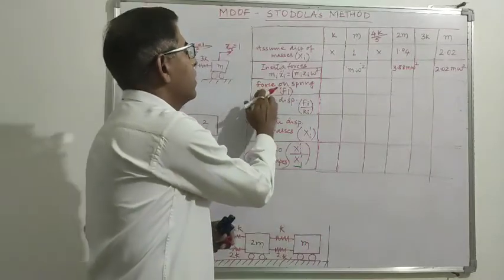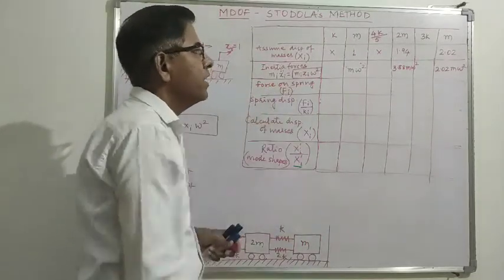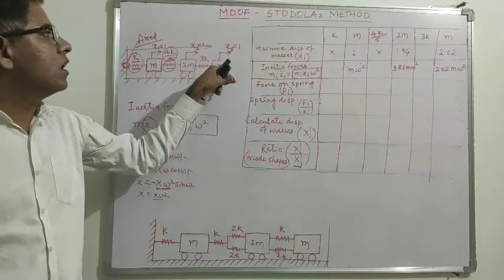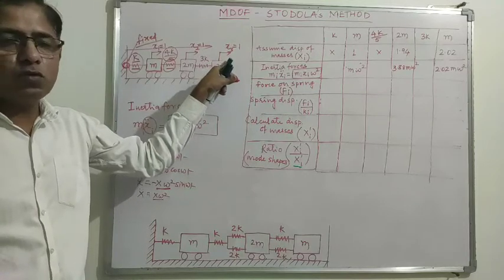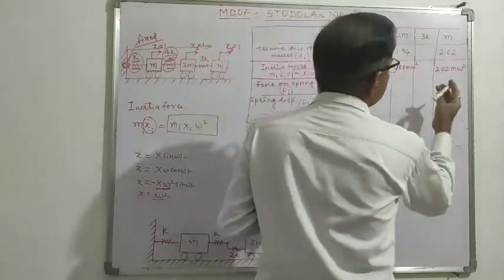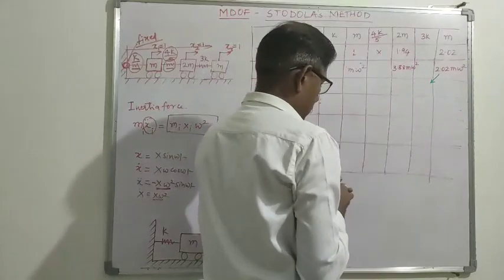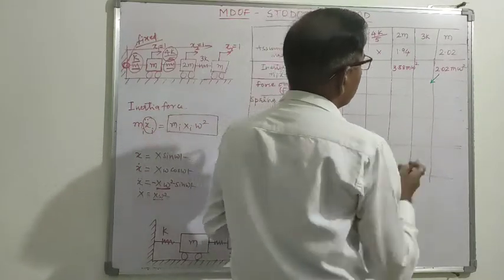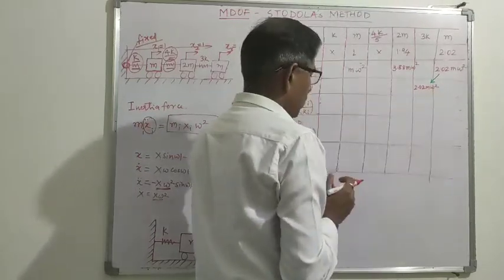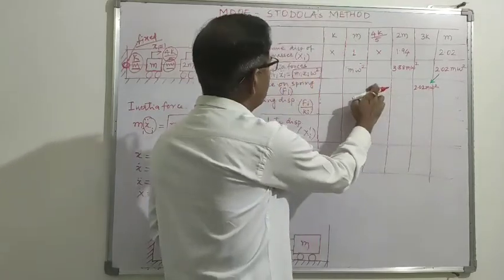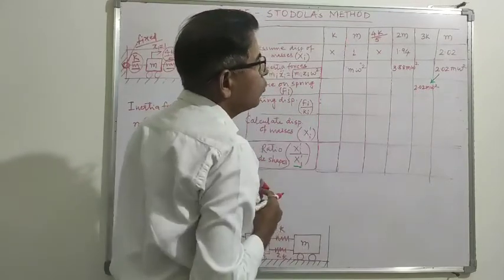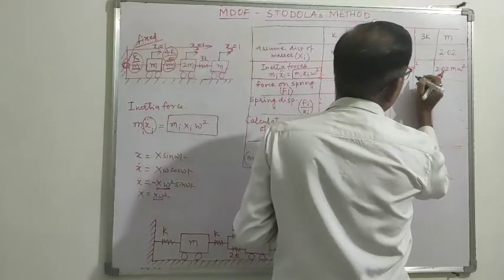Now while calculating the forces on the springs, the third spring will experience the same force as the inertia force of the third mass. So we will take this as it is, 2.02 m omega square. Now the spring force of the second spring will be the summation of the two inertia forces acting on mass 3 and mass 2.